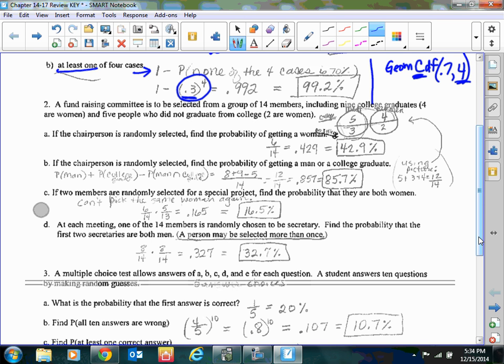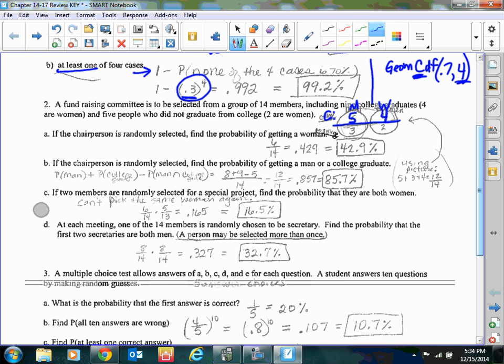So I kind of used a picture to help organize that for me. I have 14. Here is the 9 up here that are college. Here's the college graduates in this top section. And then here's the males and the females. 5 are males, 4 are women.